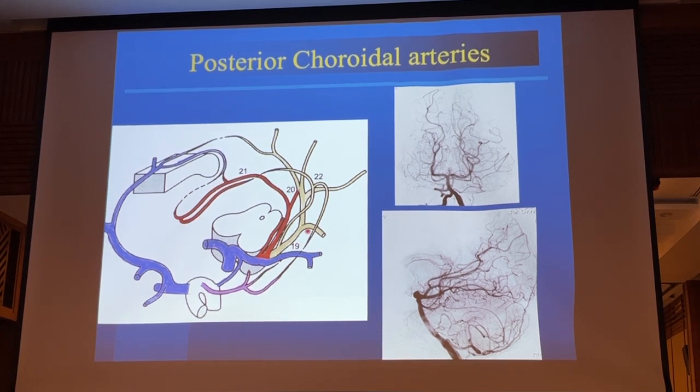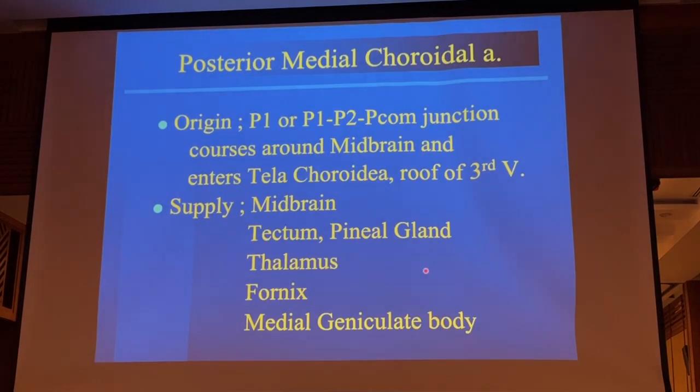The lateral posterior choroidal artery can have a more dominant supply to the telencephalon and part of the choroid plexus as well. In an actual angiogram, when I was a resident, our neuroradiologist said that on the lateral view, you recognize the medial posterior choroidal artery by a reverse 3 configuration.